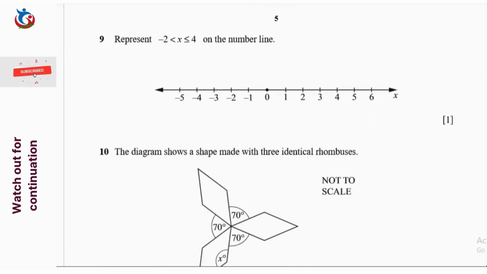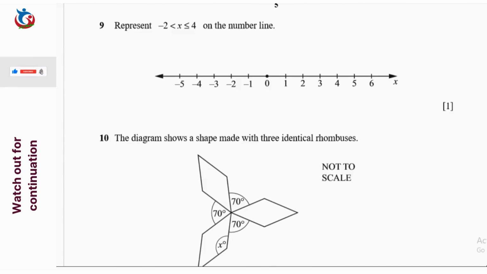Now question 9. Question 9 says represent -2 less than x less than or equal to 4 on a number line.